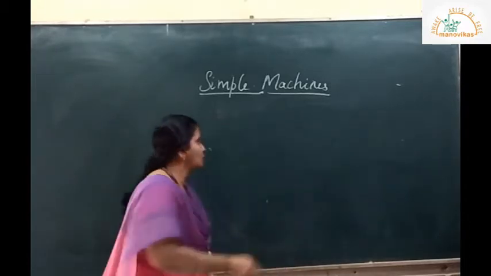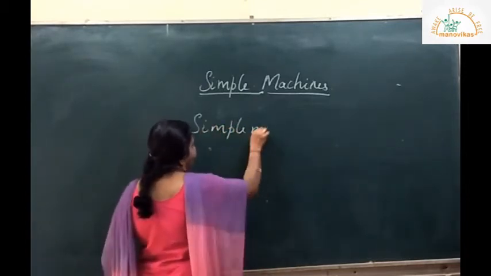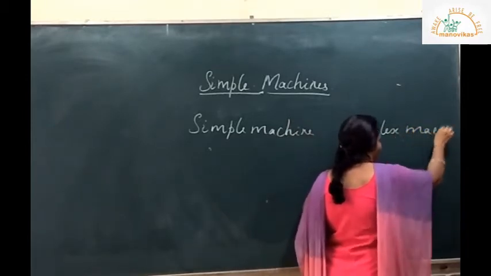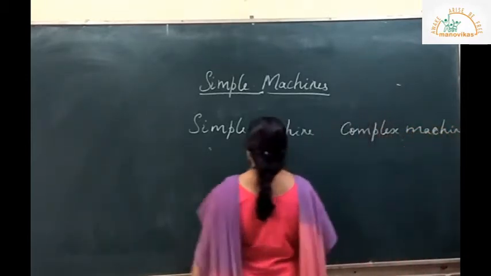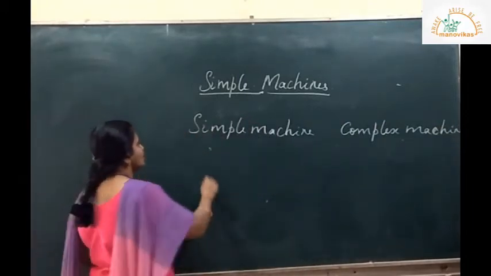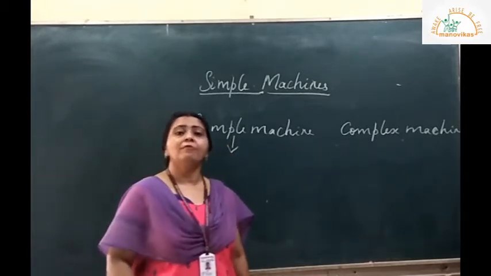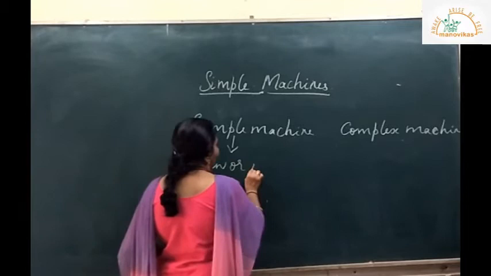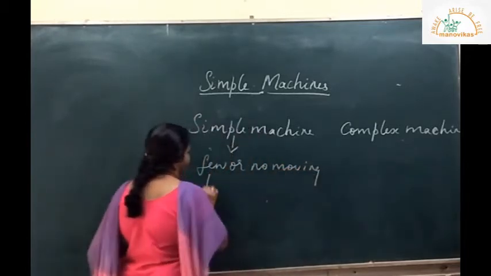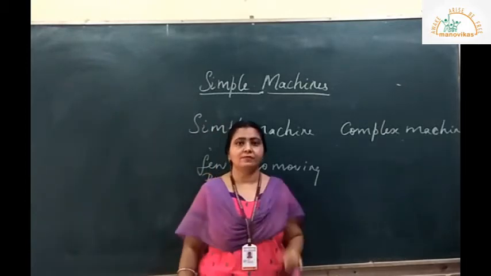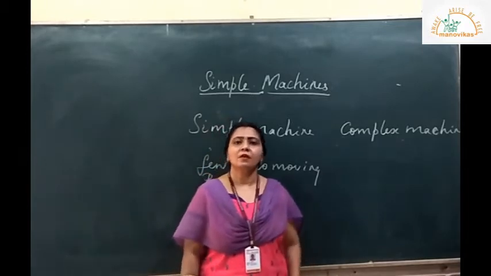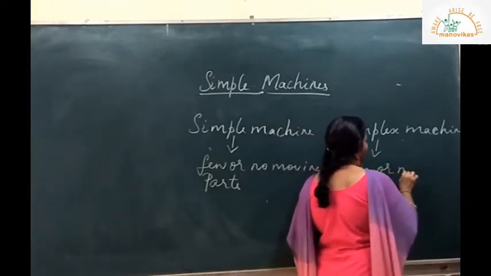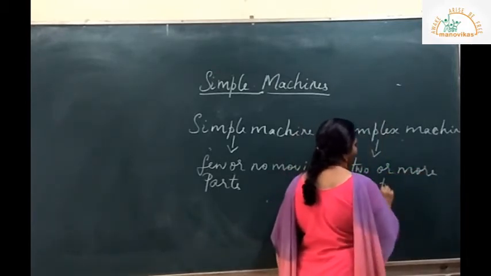There are two main types of machines: simple machines and complex machines. A simple machine is a simple device with few or no moving parts, whereas a complex machine is made up of two or more simple machines.